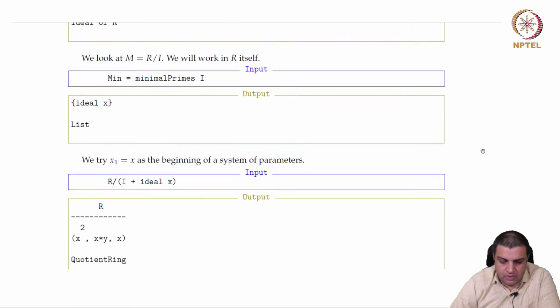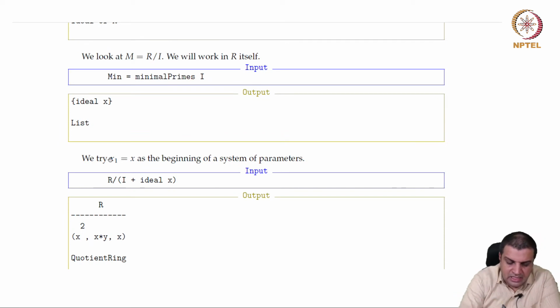So let's try x1. We have to choose x1 through xs. Let's start with x1 equals x. So we ask R mod I plus ideal x.